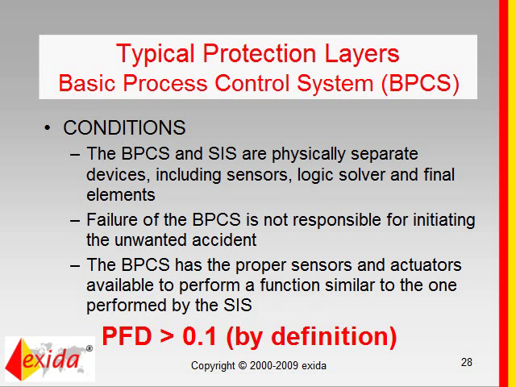But if the BPCS and the SIS are physically separate, and the failure of the BPCS is not responsible for initiating the unwanted event, you do not want to take credit for the BPCS as a layer of protection if the BPCS is the initiating event. It's not going to protect against itself. And then lastly, the BPCS has the proper sensors and actuators available to perform a function similar to the one that is performed by the safety instrumented system. If you meet these 3 requirements, then you can claim a probability of failure on demand for this layer of protection of 0.1. And what is that 0.1 based on?